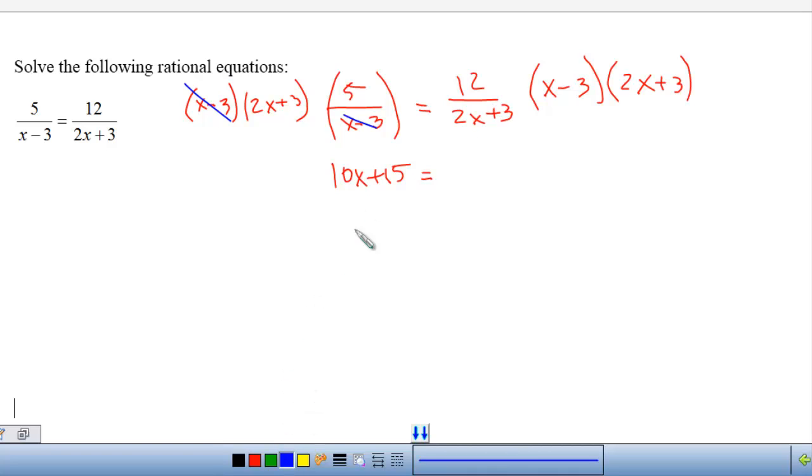And then on the right side here, again, those two will cancel, and you get 12 times x minus 3, and we distribute that, 12x minus 36. And now this looks much simpler. I'm just going to go ahead and combine my x terms, and we'll rewrite.